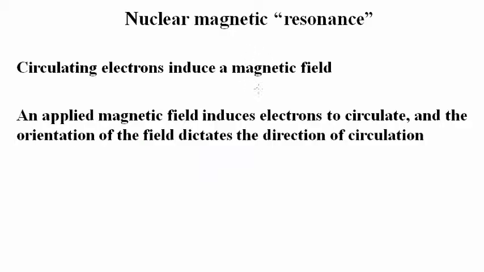Now, a key physical principle for NMR is that circulating electrons induce a magnetic field. And this is the principle behind electromagnets and electric motors. So the direction of electron movement dictates the orientation of the induced magnetic field. Of equal importance to NMR, the converse is also true. So an applied magnetic field induces electrons to circulate, and the orientation of the field dictates the direction of circulation.